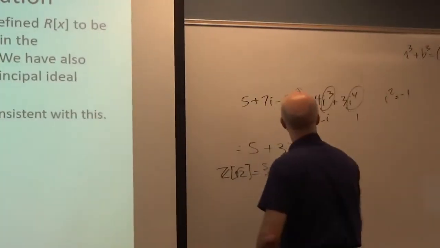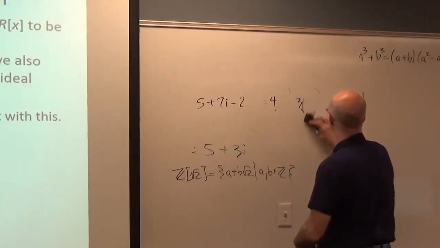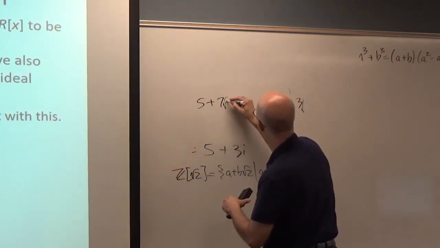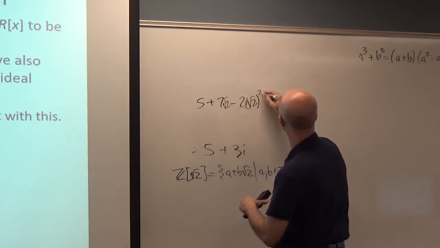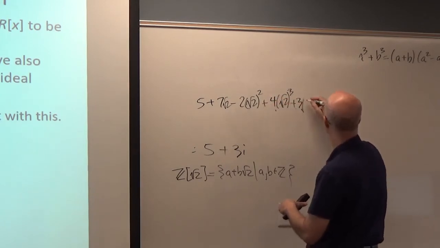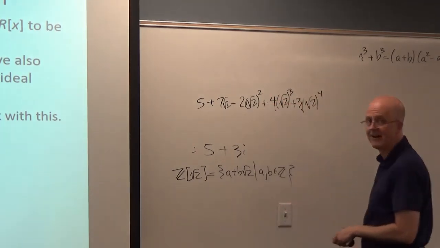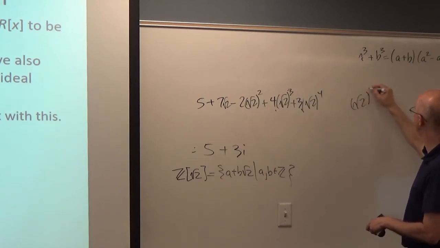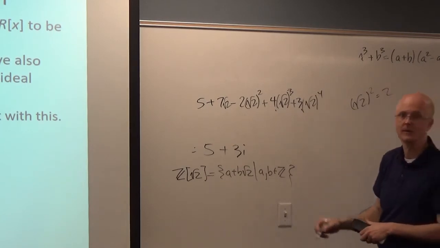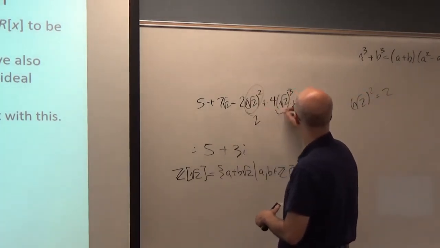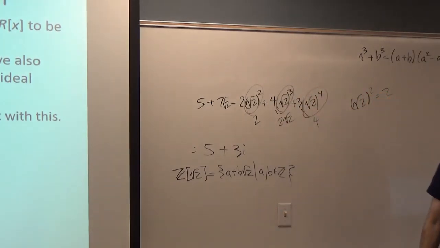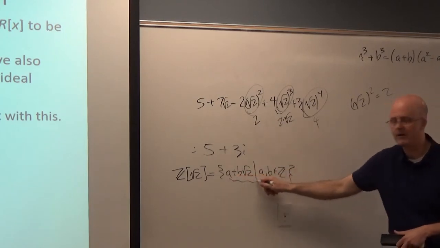If I go back up here and replace all these i's with root 2's, like that, I can use the fact that root 2 squared is 2 to simplify that down to the simpler form. That'll be a 2, that'll be a 2 root 2, and that'll be a 4. And I can simplify it down to the simpler form.